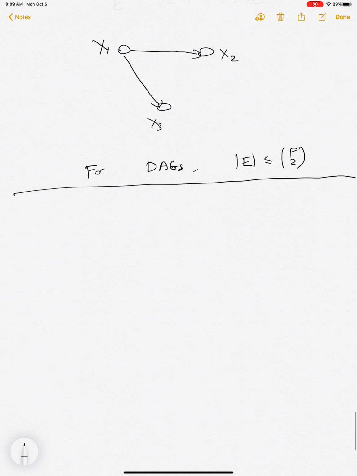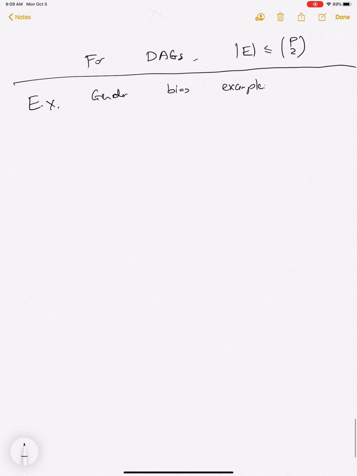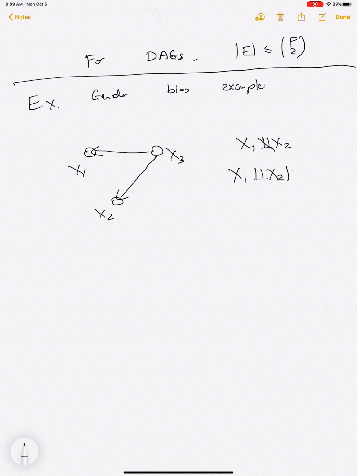Okay, and so just to go through our other examples, remember the gender bias example. I mentioned that the graph there was x3, x1, x2, and we had this conditional independence relationship that x1 and x2 are dependent, but x1 and x2 are independent given x3.